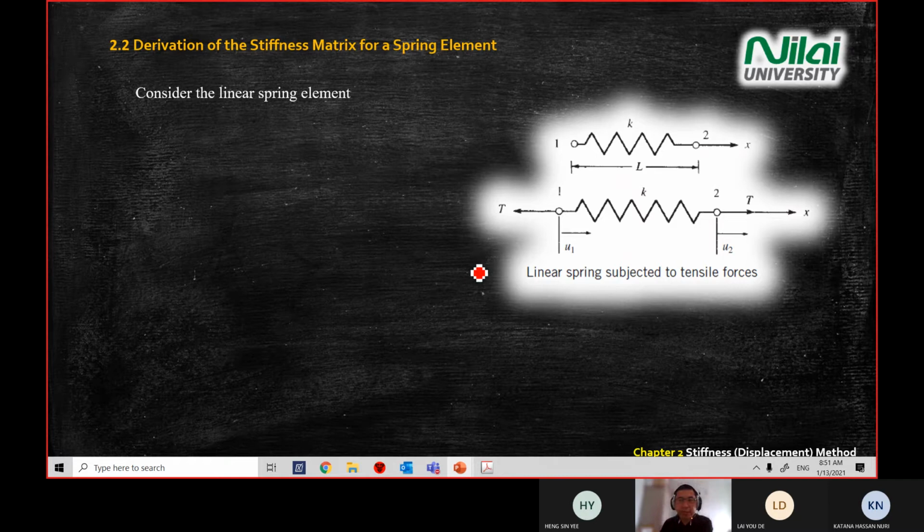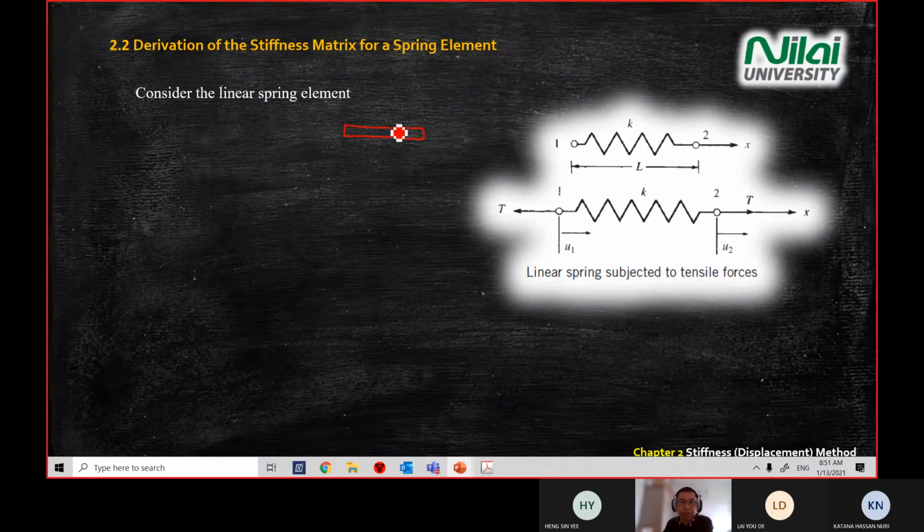Okay. Now you look at the screen. We are having a different system now. You have a spring system. Again, a spring system here represents a bar, a steel bar, or a material that is able to expand or contract when you have a temperature change or when you pull it in the physical world.